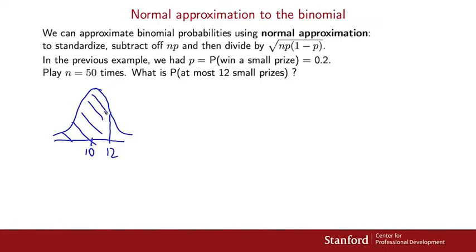So we know in order to do normal approximation, we first have to standardize. To standardize, we have to subtract off np, so we take 12, we subtract off n times p, and we divide by square root n times p times 1 minus p.